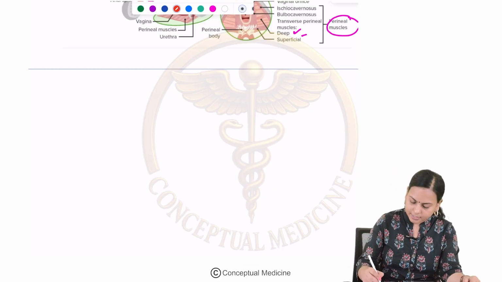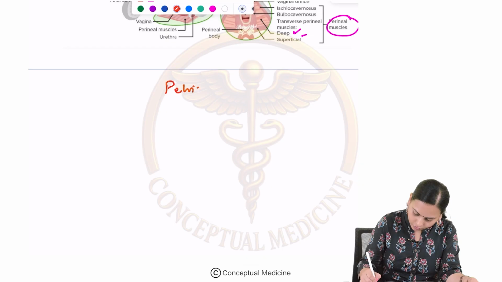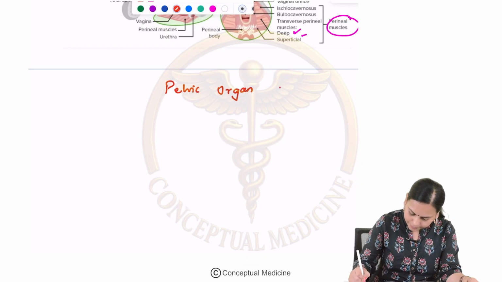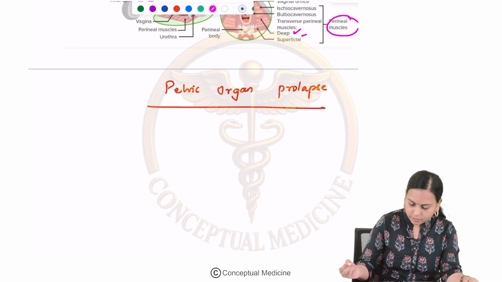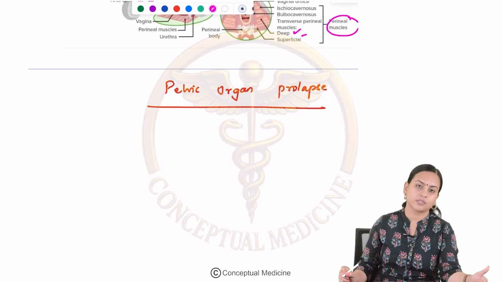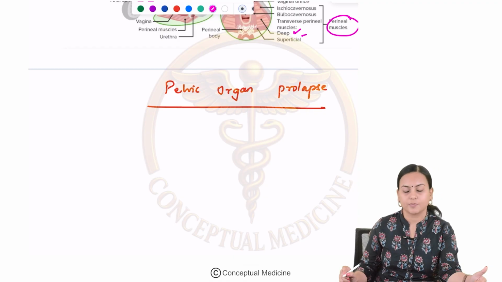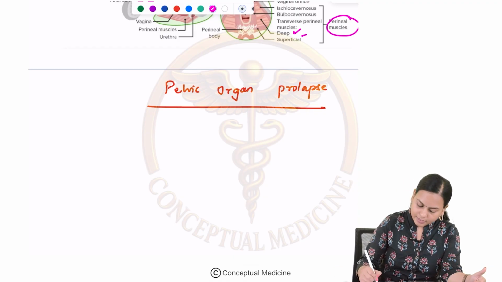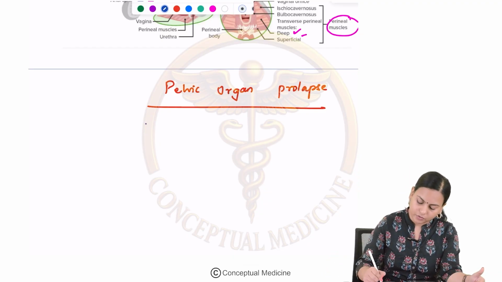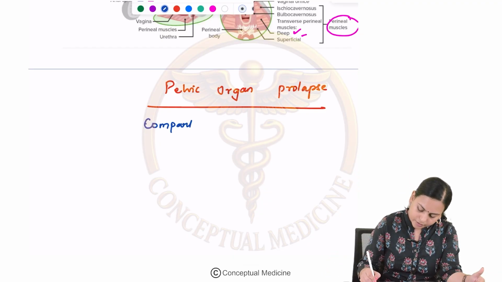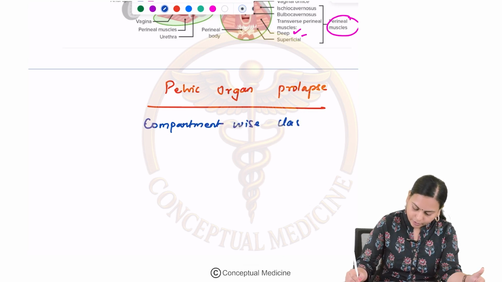Now, let's start the discussion on pelvic organ prolapse as such. So, there are different types of classification systems given for this POP, that is pelvic organ prolapse. First, let us see a compartment-wise classification of pelvic organ prolapse.